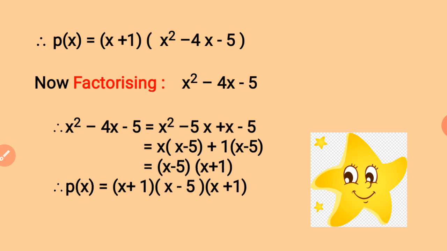So p of x comes out to be x plus 1 multiplied by x minus 5 multiplied by x plus 1. You can have numbers repeated also, brackets repeated also. They are the factors. Actually, when you multiply these three brackets, you get the p of x. That was the question.